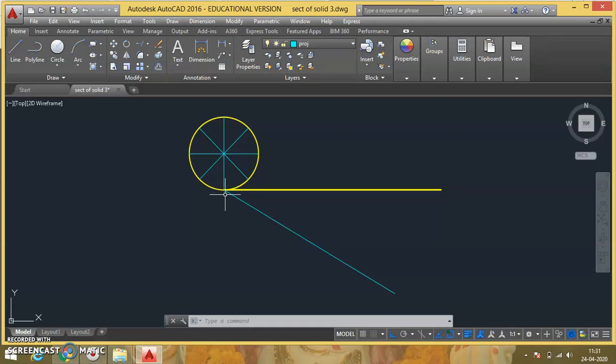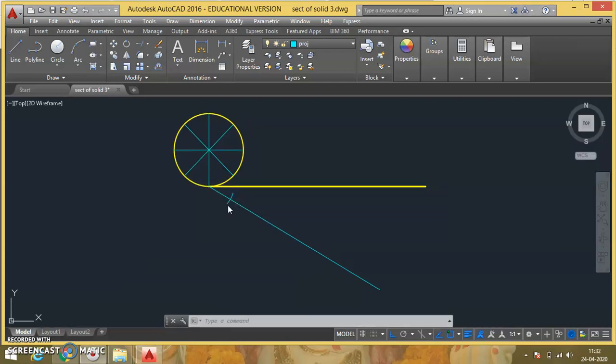Now I'll take 20 mm in the compass, and draw an arc passing through the center on this line. With this we got this arc of 20 mm from this point. Now in the same way I can take this as center, and again mark the arc for 20 mm.